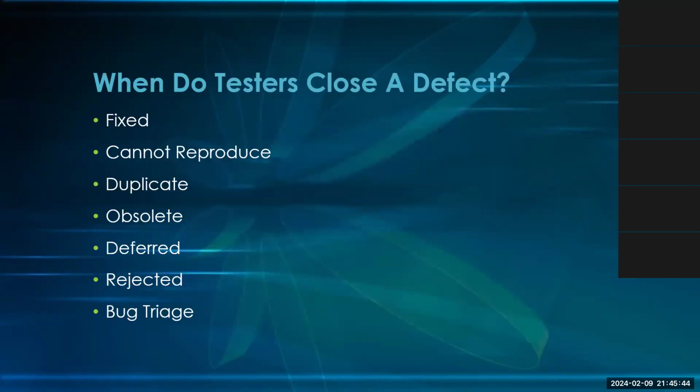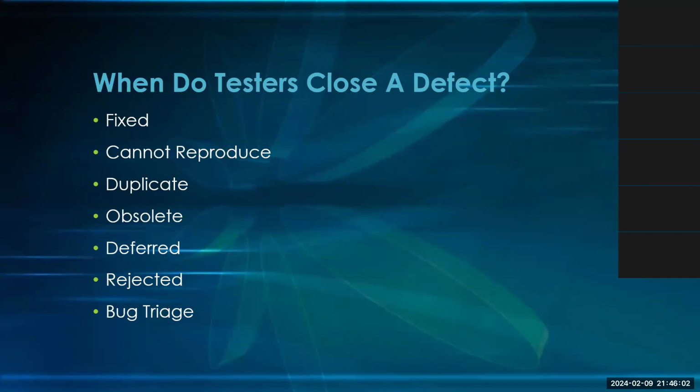So when do testers close a defect, which is what I've just practically explained. We have fixed: when the bug is fixed, then you can close it. It is very essential for you to close it.